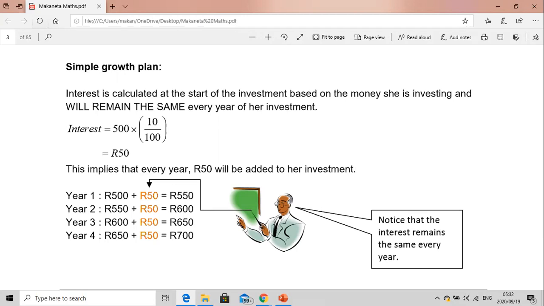At the end of the third year, of course, you will have 650 rands. So your annual growth will just be 50 rands, which is simple interest. At the end of the fourth year, you will have 700 rands, which is added onto the initial amount. Now, basically, this is what we want to talk about.